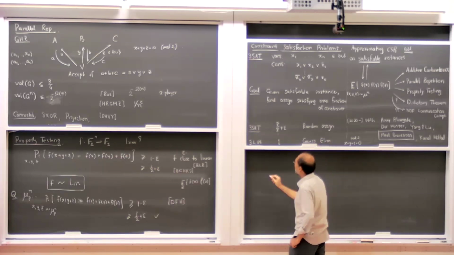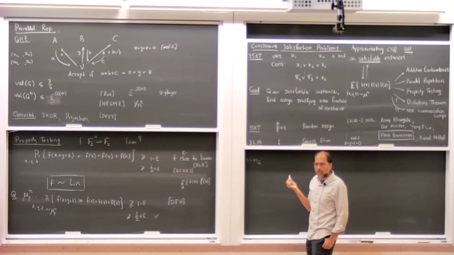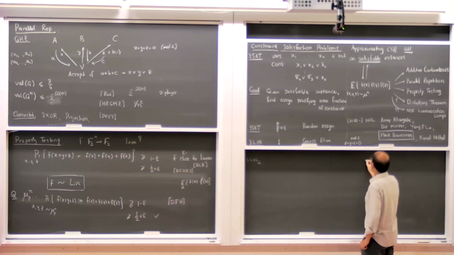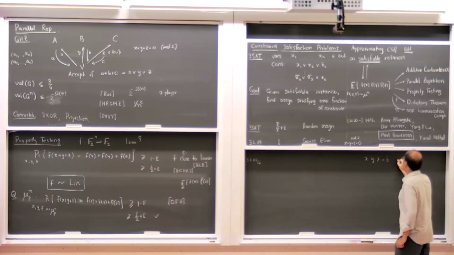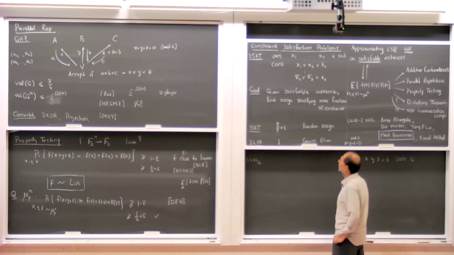And what works here is just Gaussian elimination. Let's make it more interesting. Let's make it 3-lin, but over some presumably non-abelian group G. Meaning here the constraints would be of the type xyz equals some constant over some perhaps non-abelian group G. And it turns out here also we know the exact answer.